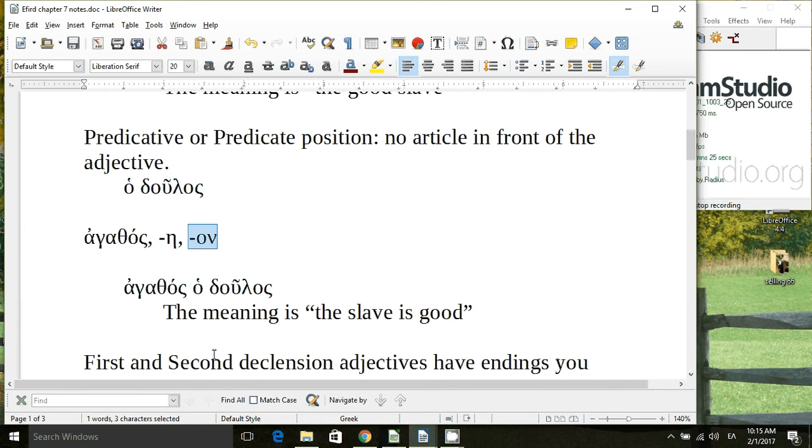So when you write your flashcards, likewise, this should be what's on the front of the flashcard. Agathos, aon. So you know it's an adjective, you know it has three sets of endings for masculine, feminine, and neuter. Because we will eventually get to adjectives that only have two sets of endings.